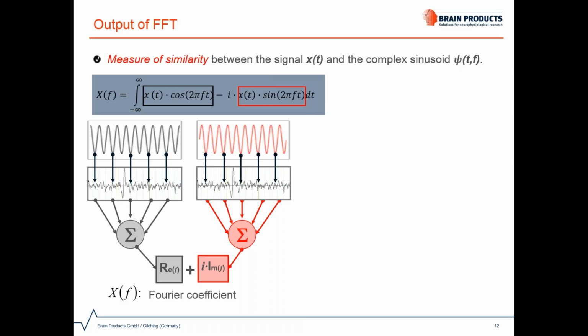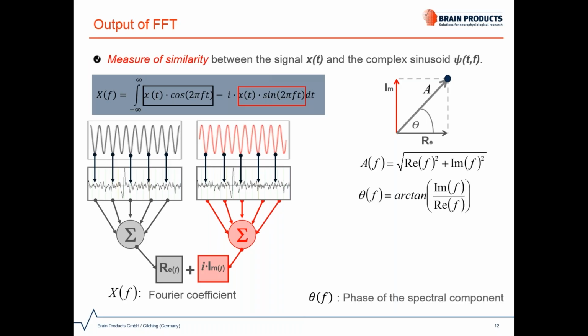Now, how can we make use of these complex Fourier coefficients? Well, we can plot this complex number on a complex plane by using the real and imaginary parts of the number as coordinates. Once we plot the points, we can extract its magnitude by using Pythagoras theorem and extract its phase or angle by using arc-tangent, which tells us how well the frequency components are aligned in time.